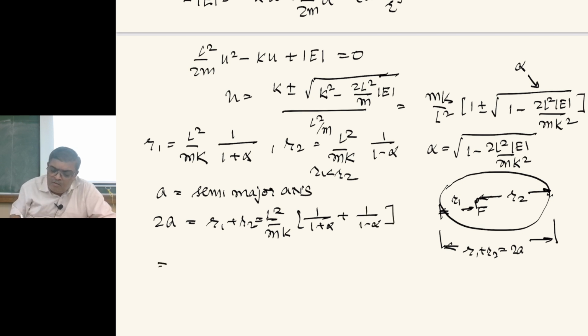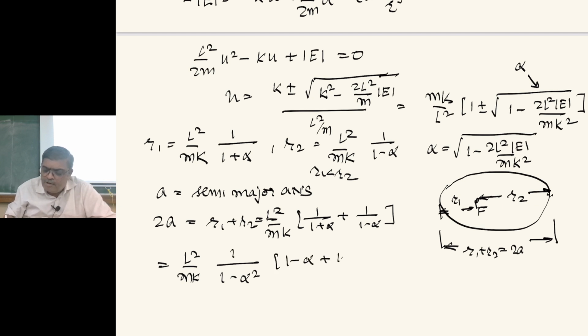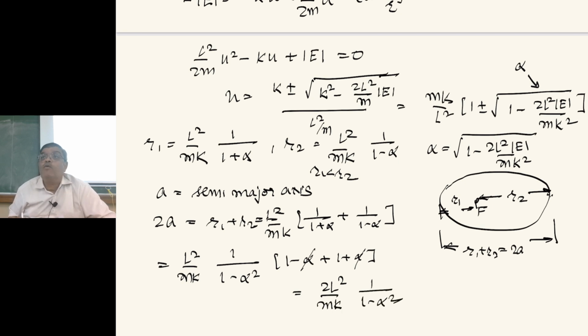That is equal to L squared by mk times 1 over 1 minus alpha squared, times 1 minus alpha plus 1 plus alpha. I have taken the lowest common denominator. The alphas cancel out over here, and I get a 2. So this becomes twice L squared by mk into 1 minus alpha squared.